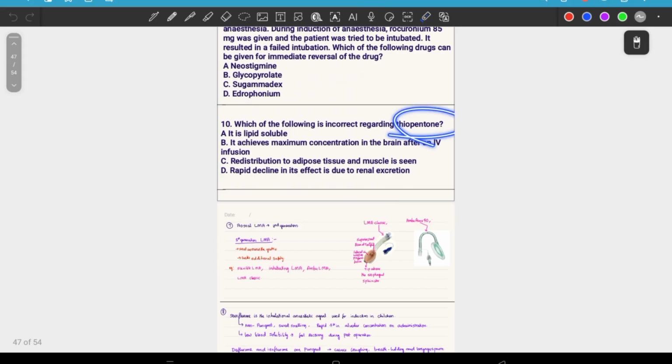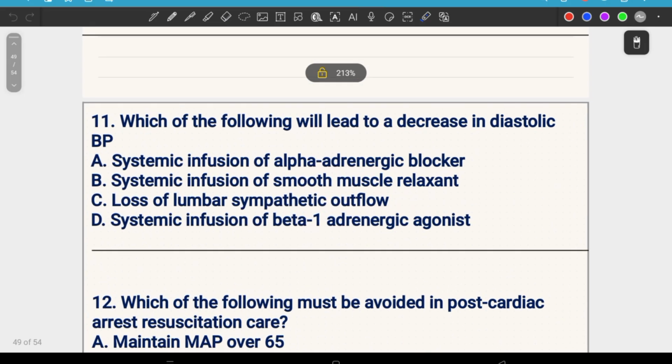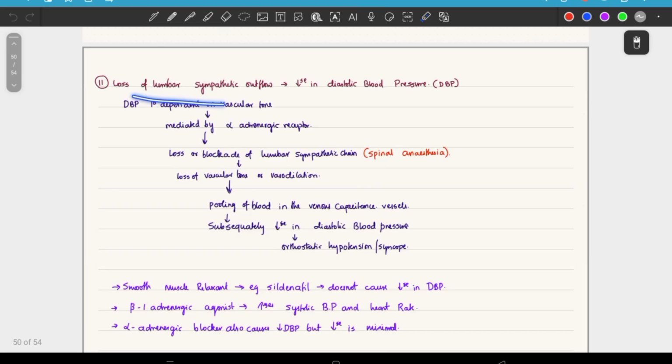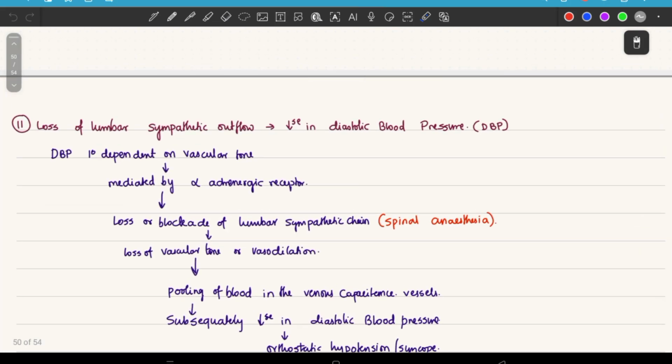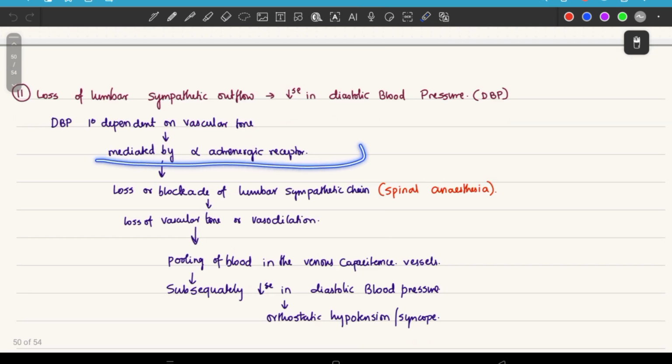Thiopentone is an important drug. Coming to the 11th one, which of the following will lead to decrease in diastolic BP? Let's see. The loss of lumbar sympathetic outflow decreases the diastolic blood pressure. Why? The diastolic blood pressure primarily depends on vascular tone. We know this, isn't it? The peripheral vascular resistance, which is mediated by alpha adrenergic receptors.